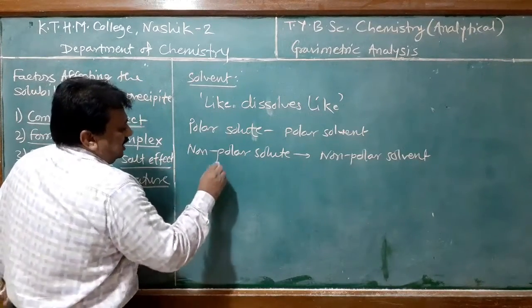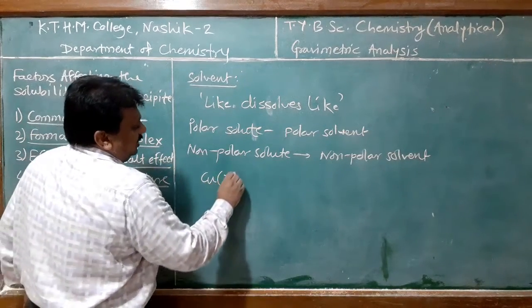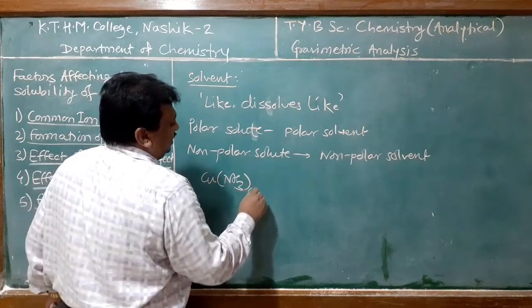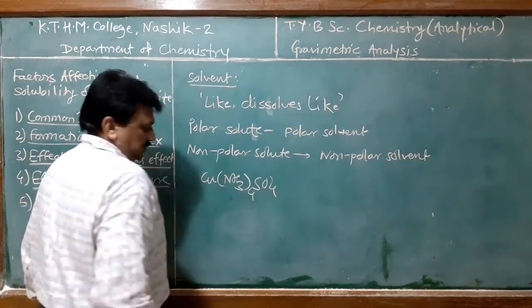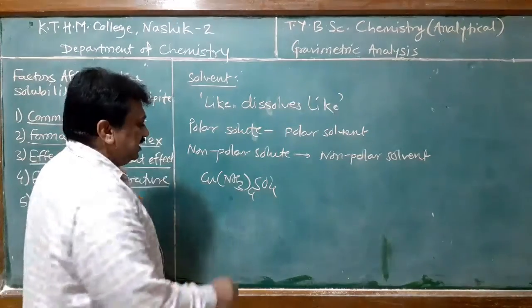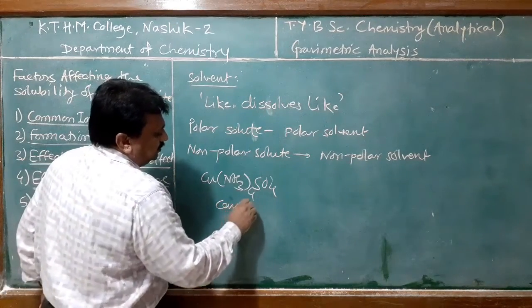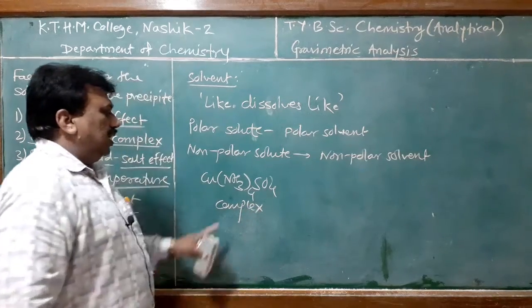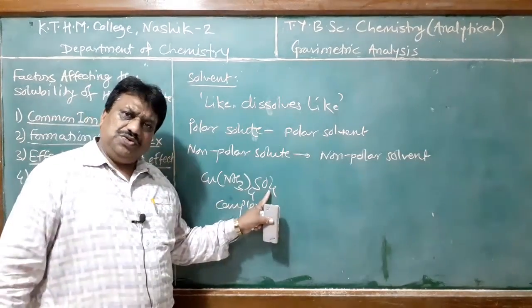When we obtain a precipitate, tetraamine copper(II) sulfate, this is a complex compound obtained by mixing ammonia into copper sulfate solution.